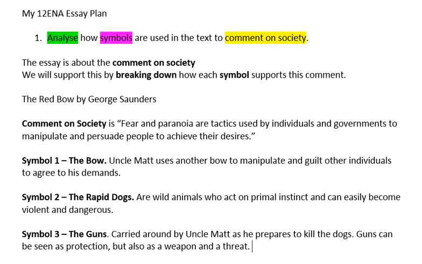If someone's approaching you with a gun and they're in an emotional state where they're grieving, they're sad, they're not rational, they may use that as a threatening instrument to try to get you to believe something or do something. And so each of these symbols, the bow, the dogs, the guns, all show how, if we put someone in a position of fear, then it's very easy to manipulate and persuade them, especially if we can, again, play on that emotion.